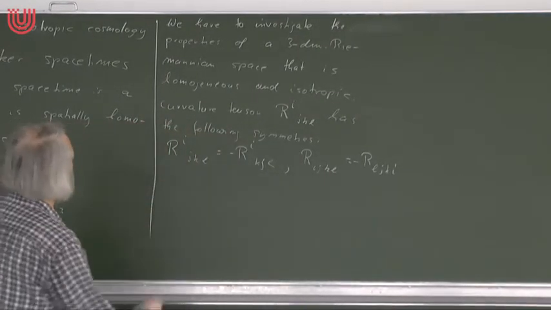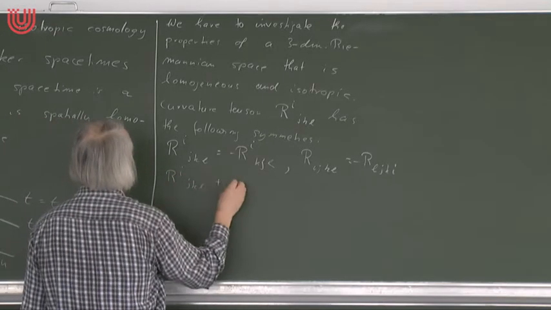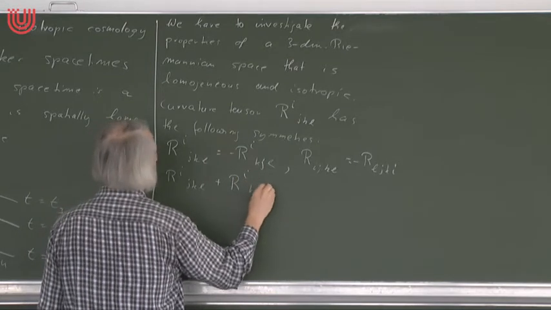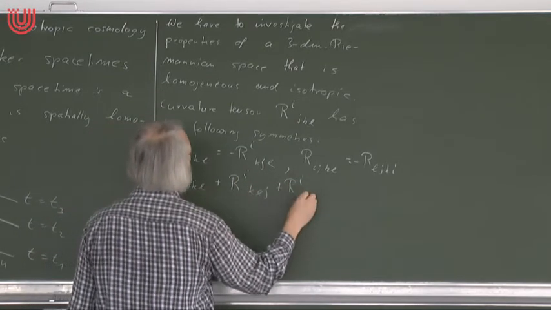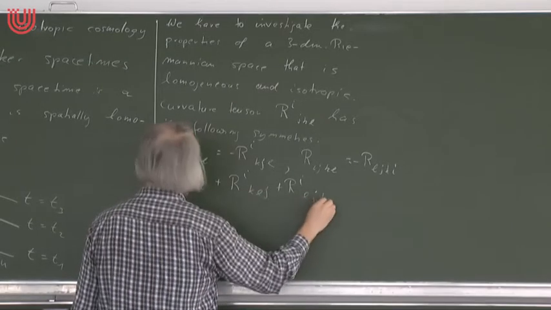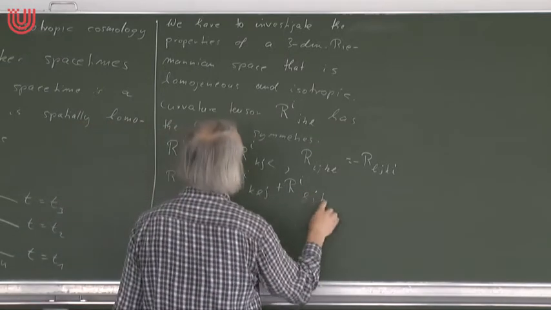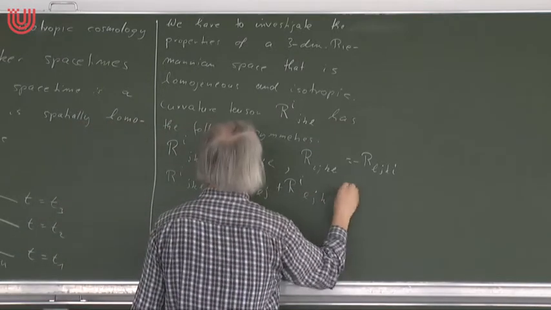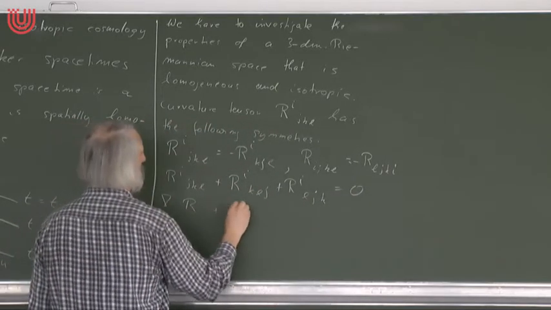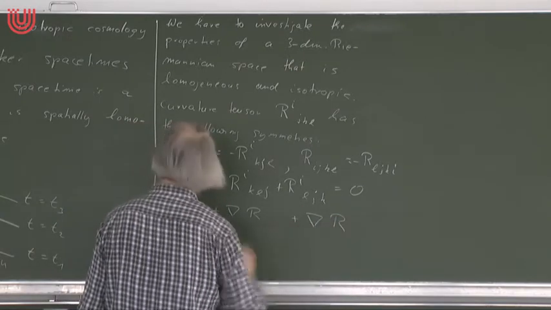And then we have this Bianchi identity: R_IJKL plus R_ILJK plus R_IKLJ, cyclic in J, K, L, is 0. And the second Bianchi identity, and we will use all four actually in the following.